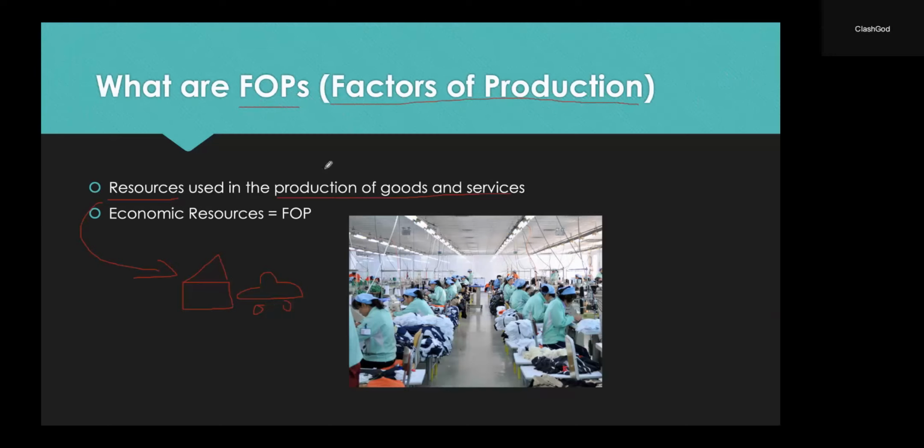Now, this is very similar to resources we talked about last time, right? We actually introduced this thing called the economic resources. This is the same thing as these factors of production. And you can see from this photo, these workers, they're considered as a factor of production because they produce these goods and services. So they are considered as FOPs.